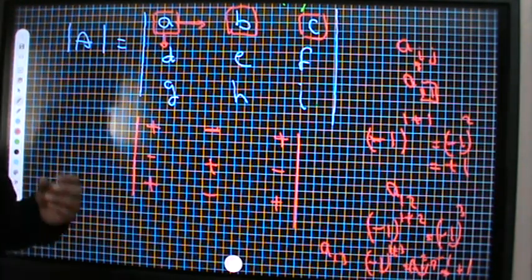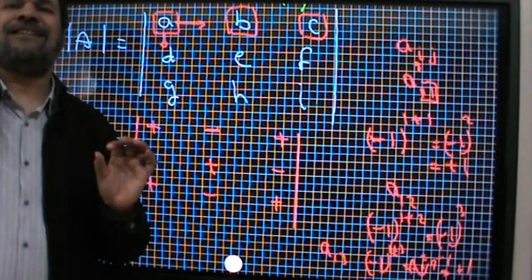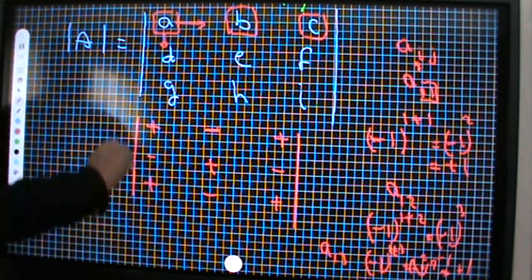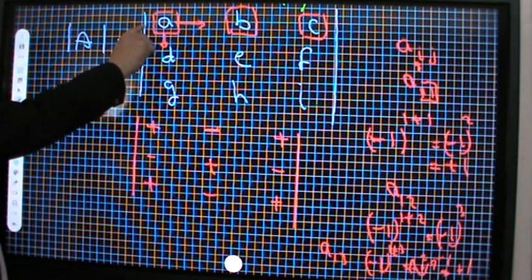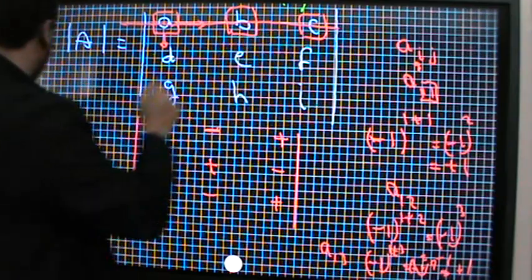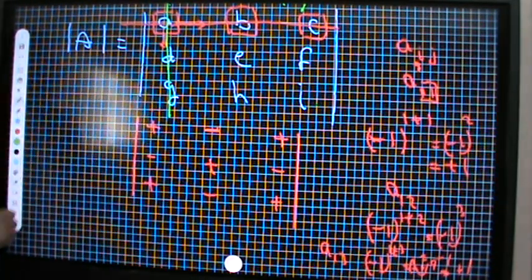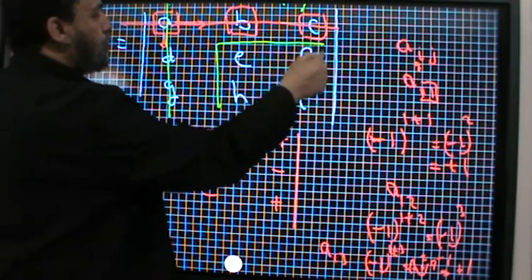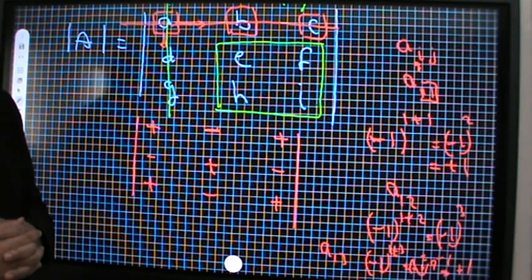These are the signs of what? Of the minor determinant for each element in this determinant. If you remove the row of the first element, like this one, and remove the column for the same element, you will get a minor determinant.